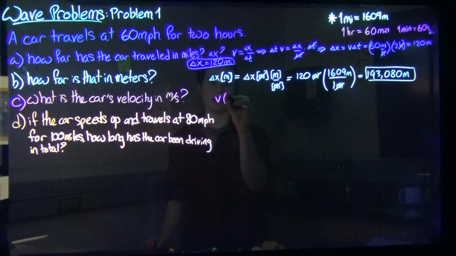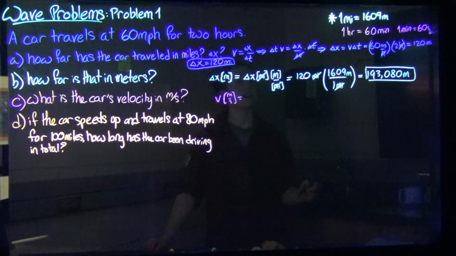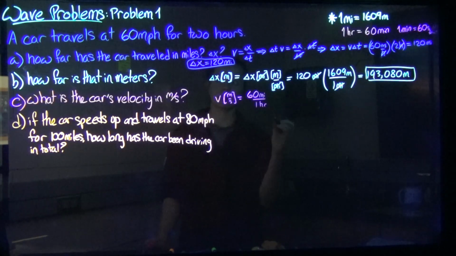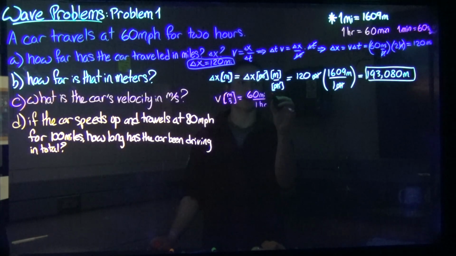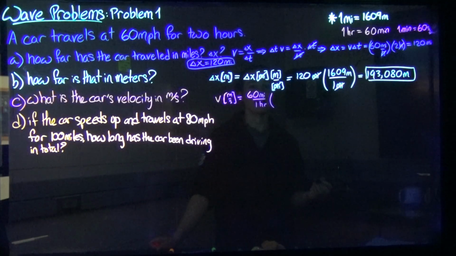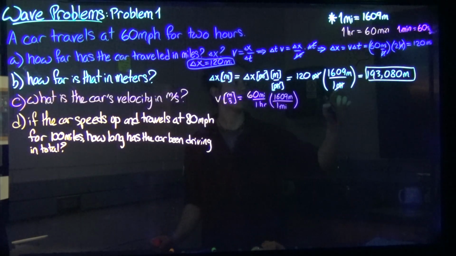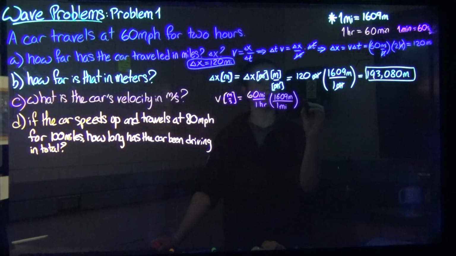So our velocity in meters per second, we're going to have our velocity in miles per hour, which is 60 miles in 1 hour, and we're going to multiply that by 1609 meters for 1 mile, to change the top part into meters.